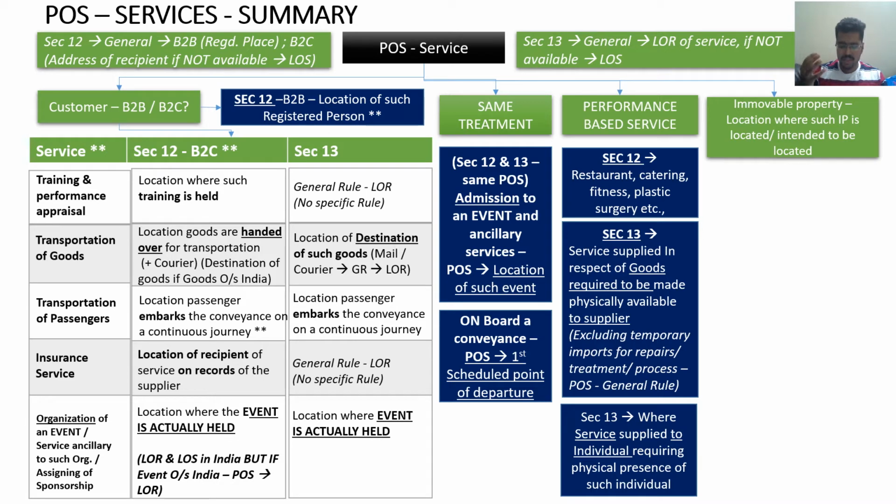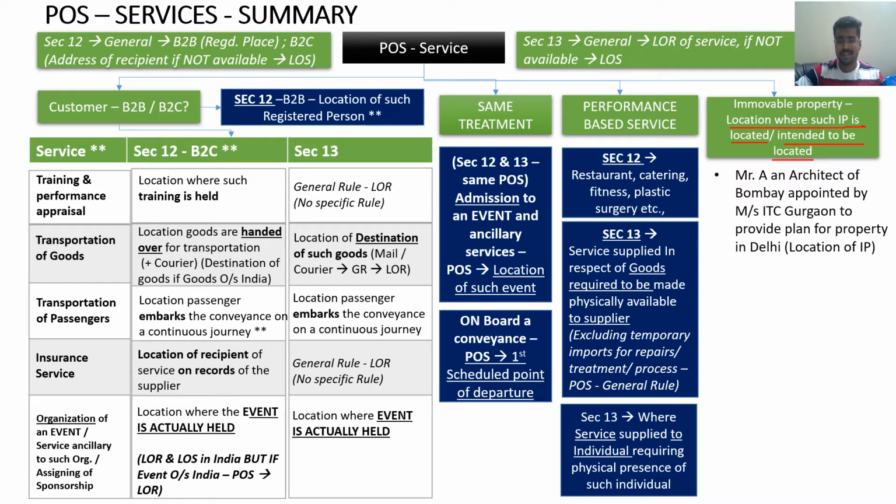Or engineer services, accommodation. All these are services directly in relation to immovable property. So in these cases, the place of supply will be the location where such immovable property is located or intended to be located, right?